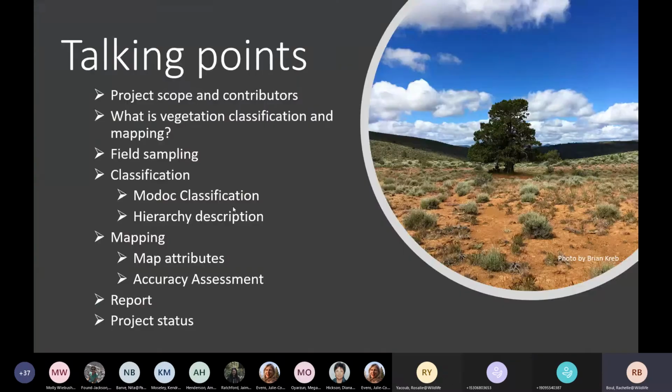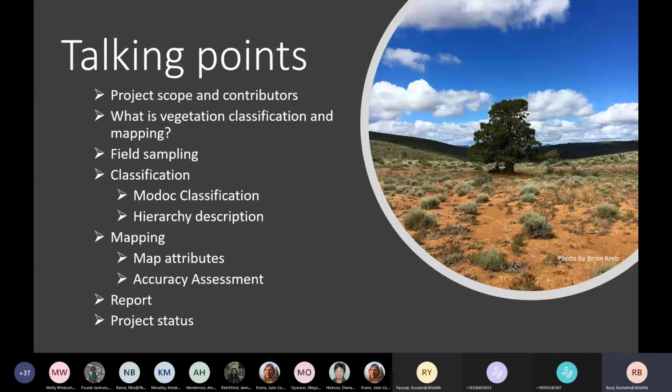Okay, so today I'll talk briefly about each component of the project and give you an overview of the process, as well as make you aware of the products and the data available that have come out of this project. So I'm going to talk about the scope of the project and the contributors. I'll talk briefly about what vegetation classification and mapping is, if you don't already know.